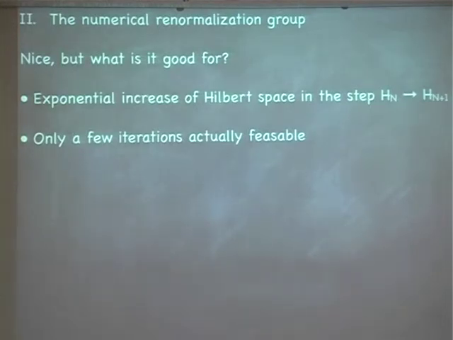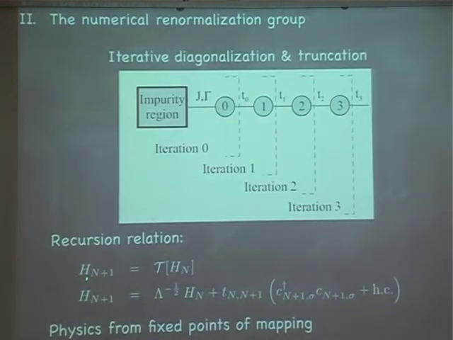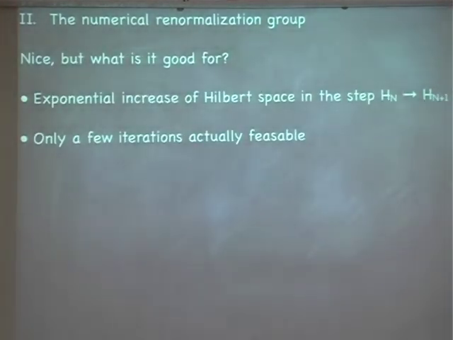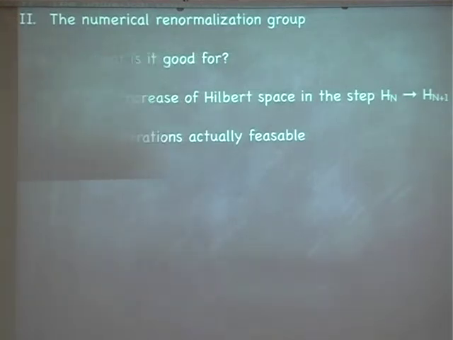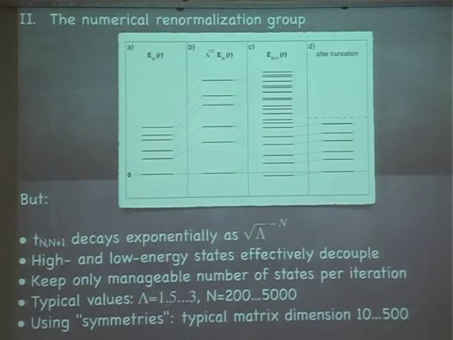Now there's one caveat at that point. As I told you, just go on adding. And as you know, this always increases the Hilbert space by a factor of 4 for the simple model, which means you have an exponential increase of the Hilbert space as you walk along, and only a few iterations are feasible, and you're quite sure never to reach the fixed point. So let's do it differently.